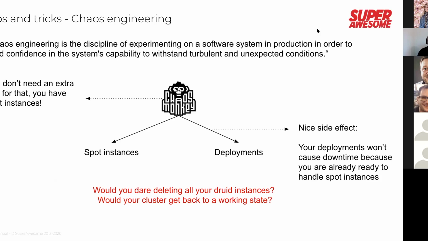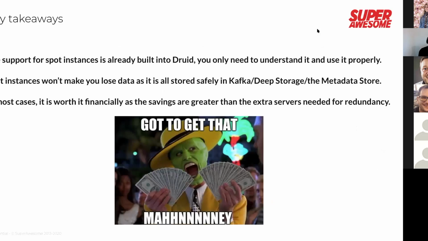So basically, would you dare deleting all your Druid instances, and would the system recover? Of course, don't do that if you're not sure, and don't blame me if you lose some data, please.